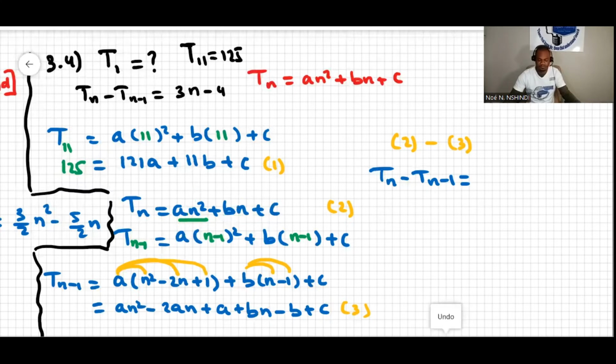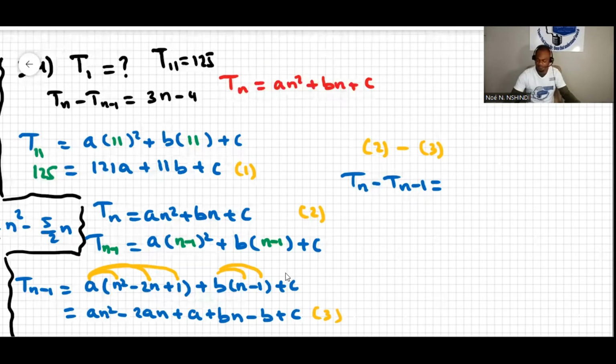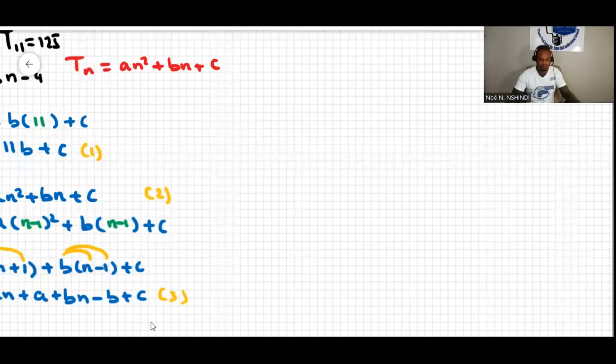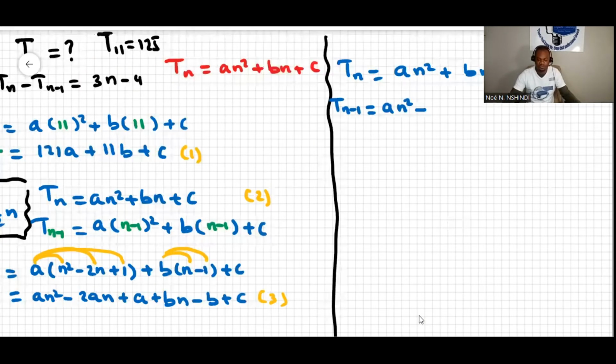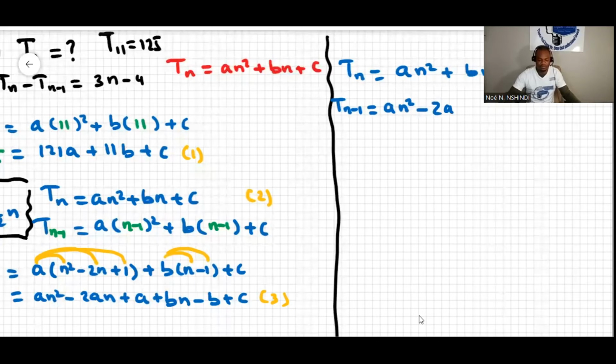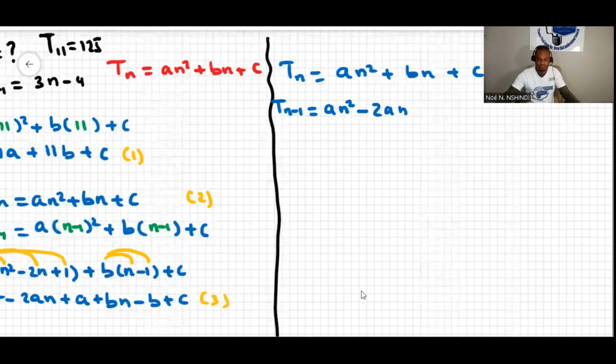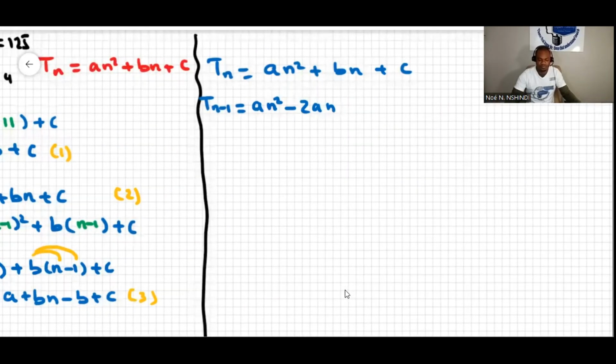We have Tn equal to an squared plus bn plus c, and then we have also Tn minus 1 equal to an squared minus 2an plus a plus bn minus b plus c.